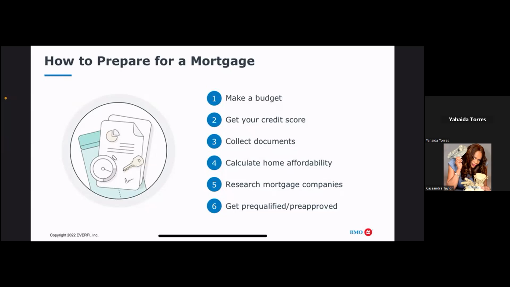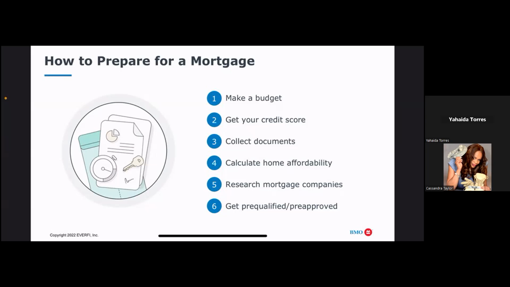Mortgage lenders usually take the middle score of the three from TransUnion, Equifax, and Experian. So those are the three credit bureaus that we use in the United States to help identify credit and credit scoring.